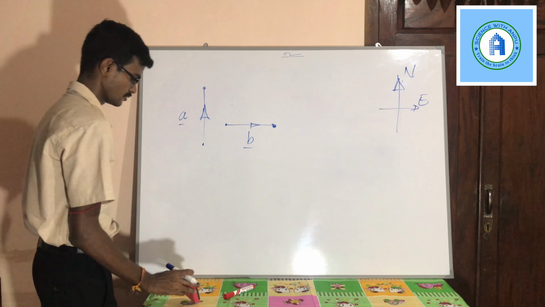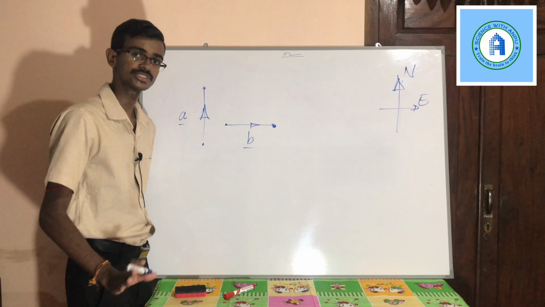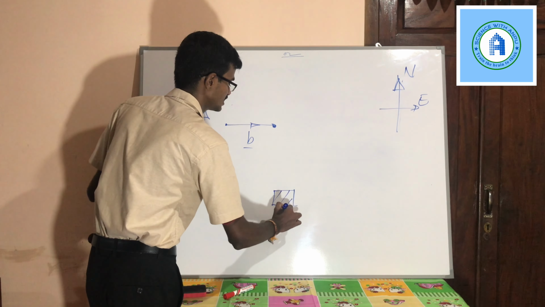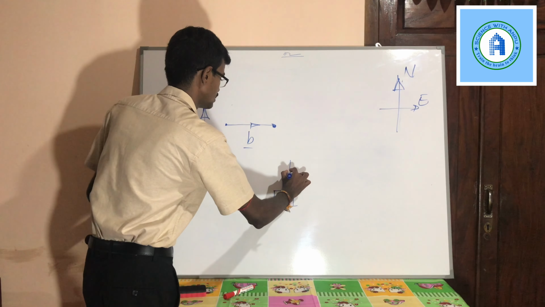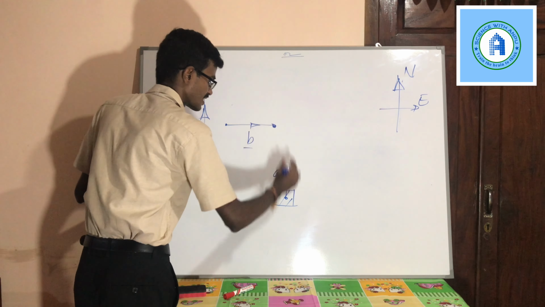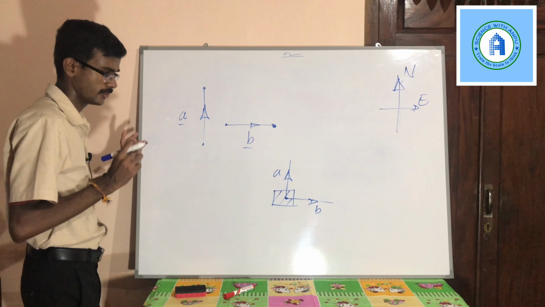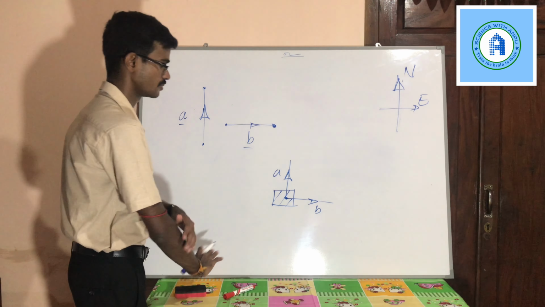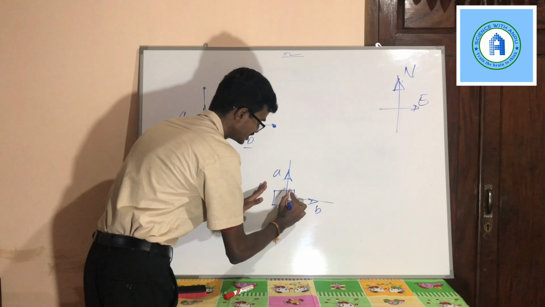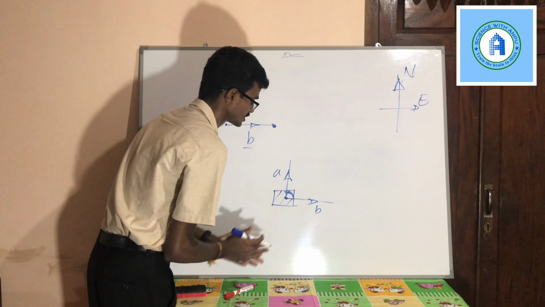So for the explanation purposes, I am taking these 2 as forces. Okay, let me consider this object. There is an object. This force A is in this direction and force B in this direction. So everyone knows by common sense the resultant force will be in between these 2 forces.